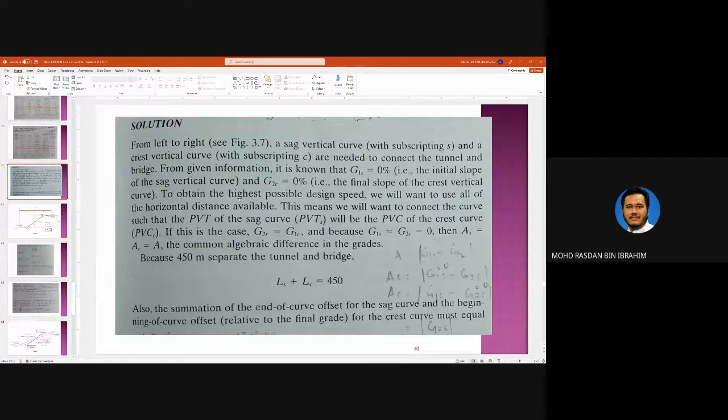To obtain the highest possible design speed, we will want to use all of the horizontal distance available. Okay. This means that we will need to connect the curves in such a way that the PVT, the last point of the sag curve, will be the first point, or the PVC point, of the crest curve. Okay, here.